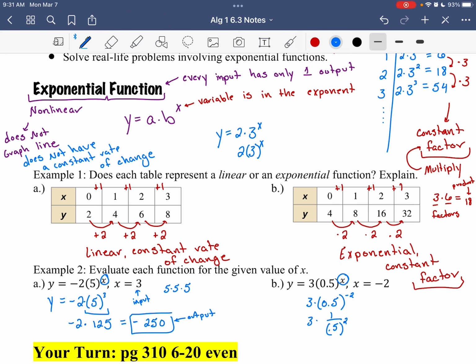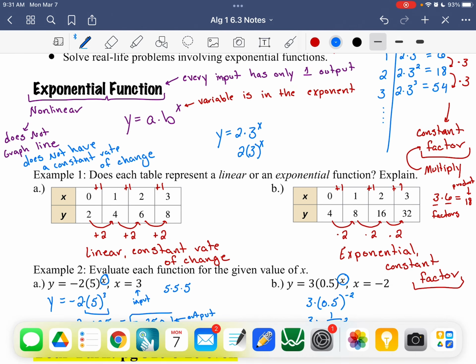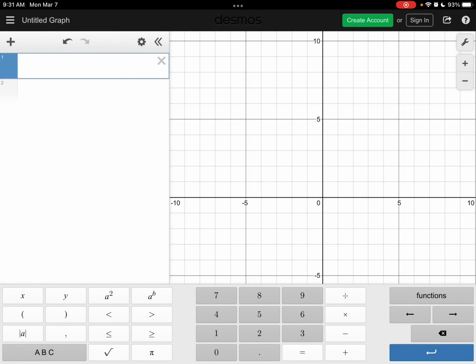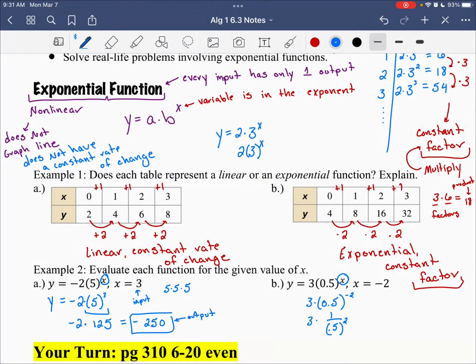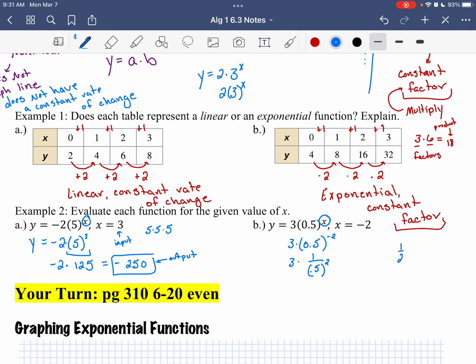So at this point, we could use our calculator. 1 divided by 0.5 to the second is 4. Look at that, it's 4, because guess what? 0.5 to the second is 1/4. If we did it without a calculator, 0.5 is the same as 1/2 is what I would do. 1/2 times 1/2 is 1/4. And then I would need the negative.